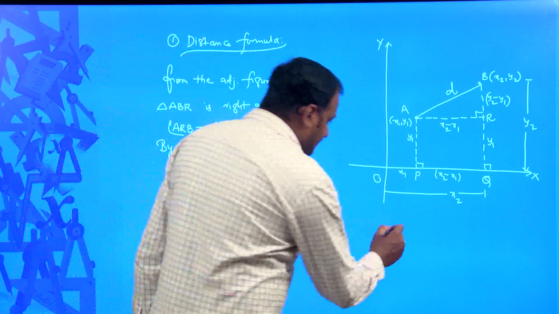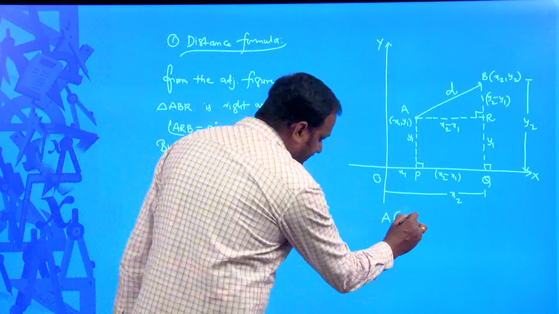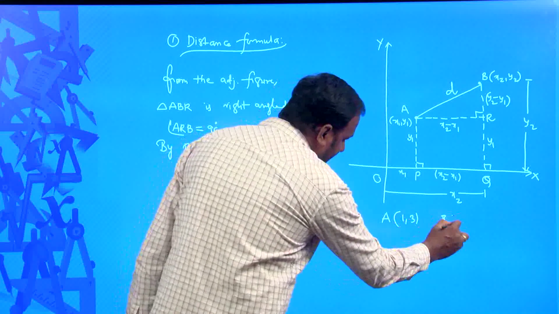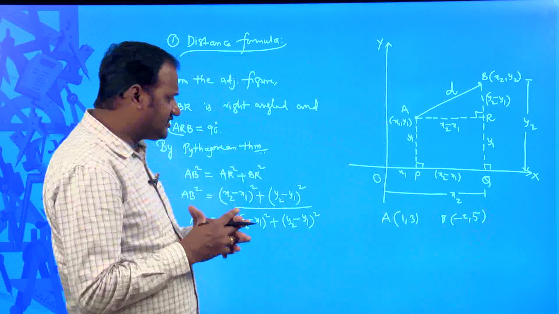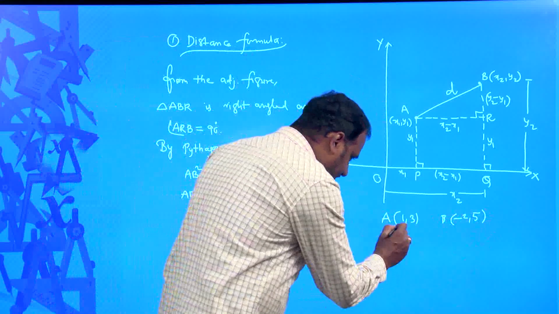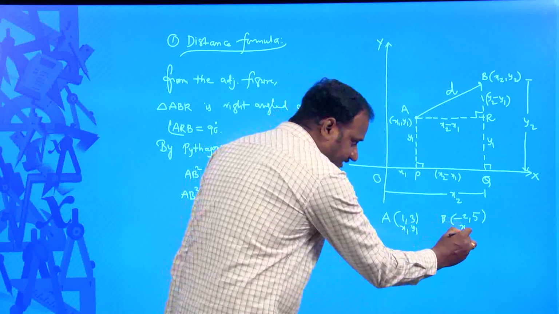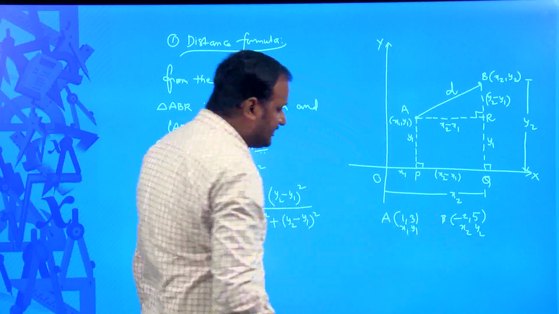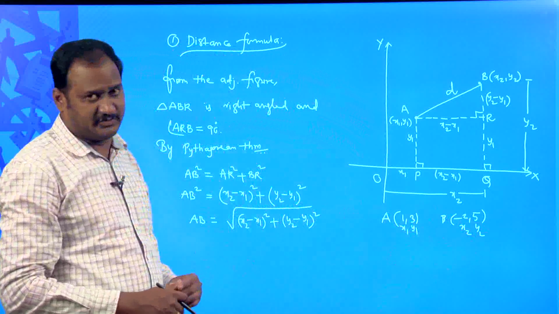And then, for example, if I am going to find the distance between the 2 points A 1 comma 3 and B negative 2 comma 5, just to avoid confusion, consider the first point as x1 comma y1. So this is x1 and this is y1. The second point is x2 y2. Now substitute these in the formula for the distance between 2 points.